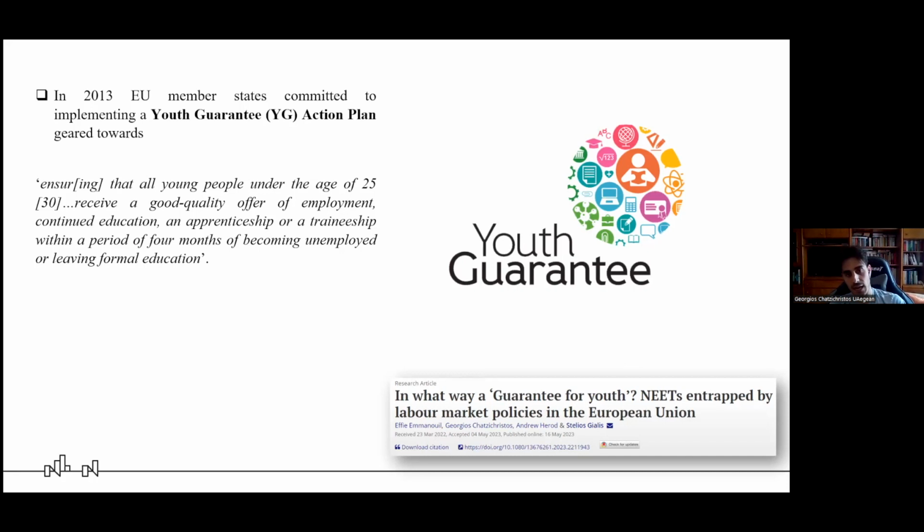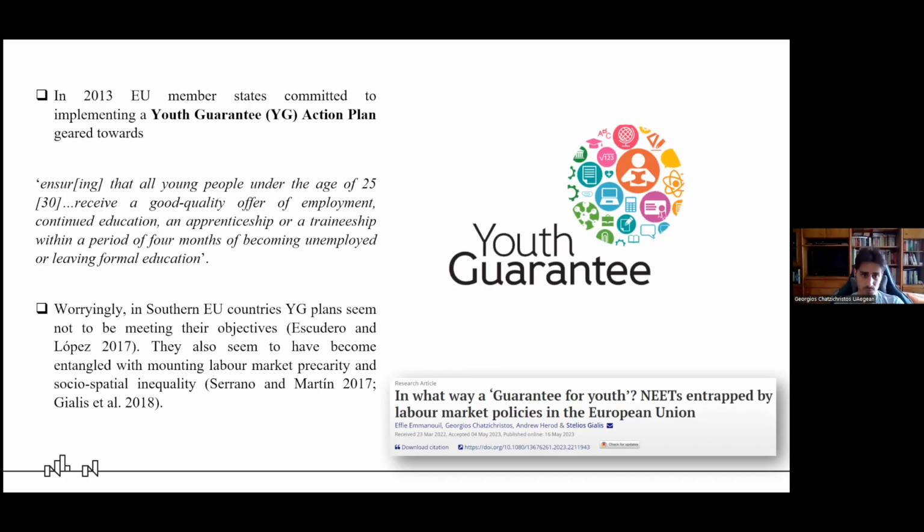Just highlighting the basic objective of the Youth Guarantee Action Plan, which is ensuring that all young people under the age of 25, this was extended to 30 during the pandemic period, receive a good quality offer of employment, continued education, apprenticeship, traineeship within a period of 4 months of becoming unemployed or leaving formal education. So this is the basic aim of the Youth Guarantee Action Plan of the EU.